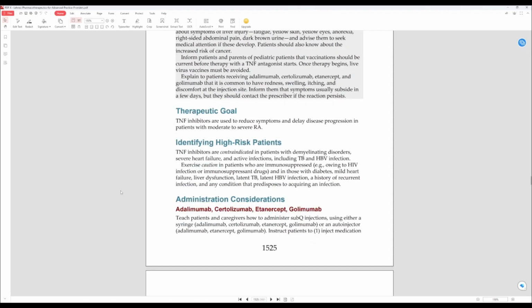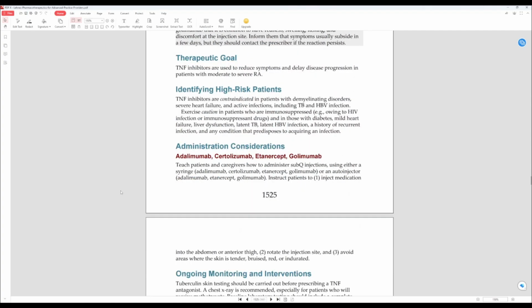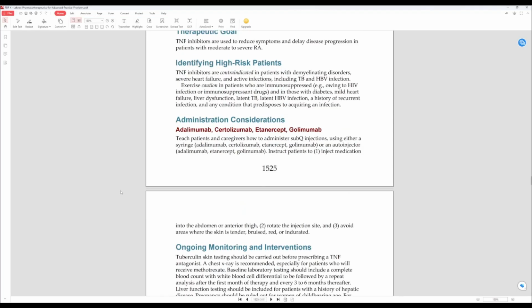So, therapeutic goal. TNF inhibitors are used to reduce symptoms and therefore delay disease progression in patients with moderate to severe RA. Identifying the high-risk patients, therefore. TNF inhibitors are contraindicated in patients with demyelinating disorders, which include heart failure, and active infections, which include TB and HBV.